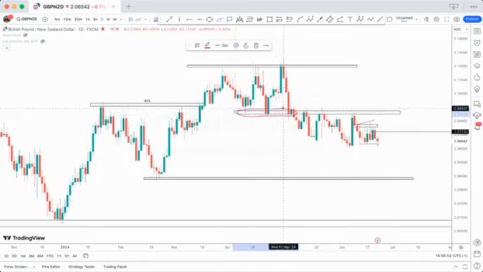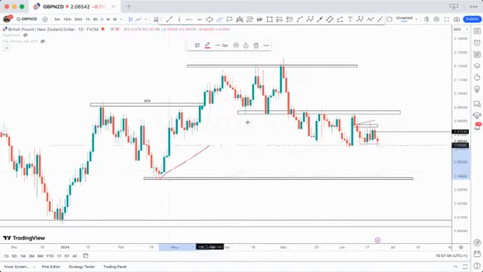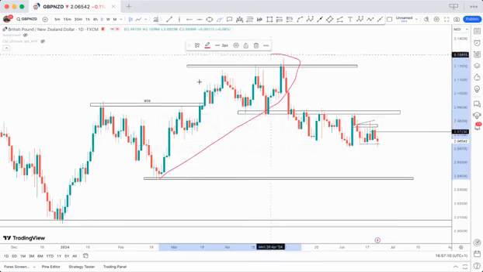So we had a breakout of that structure, and that gave sellers more avenue to step in, because initially the buyers were in control. You can see when the market is in an uptrend, the buyers are always in control.